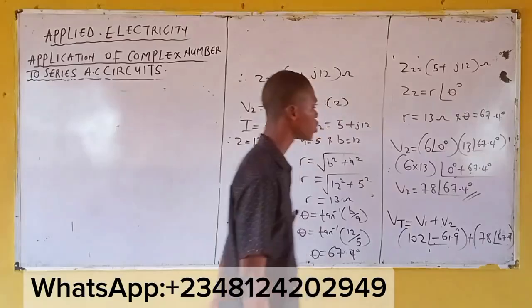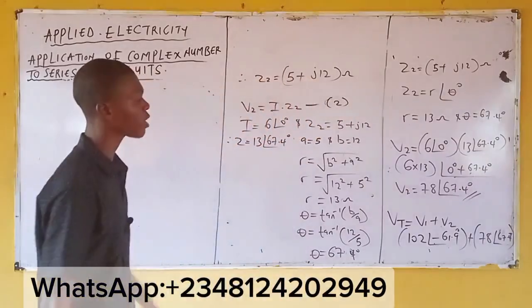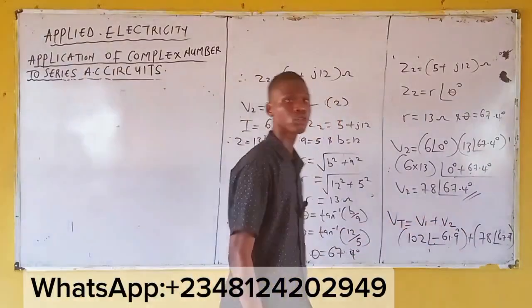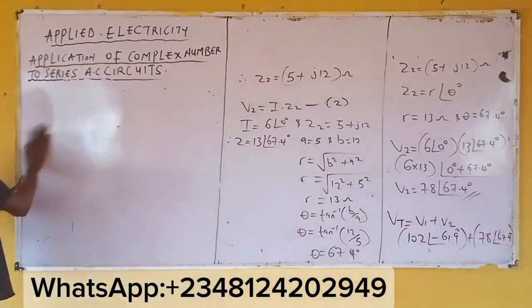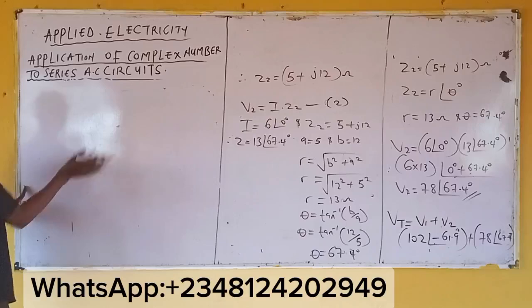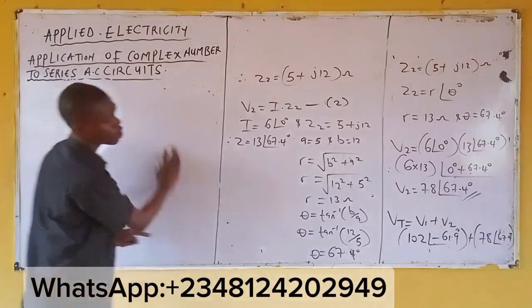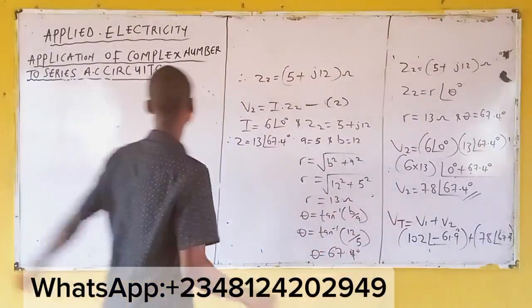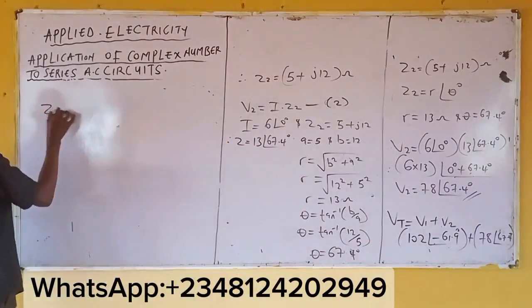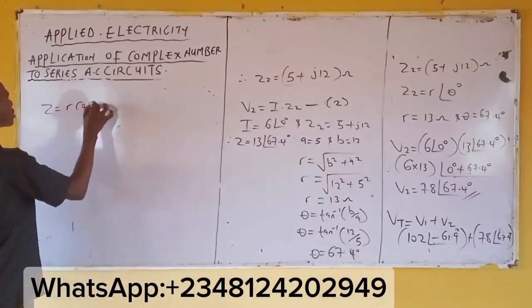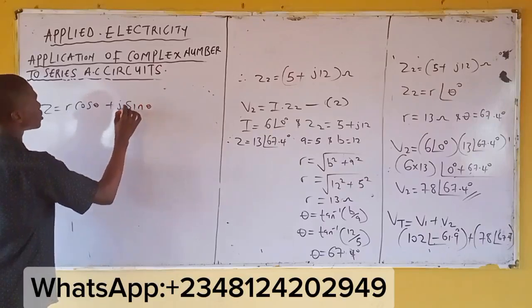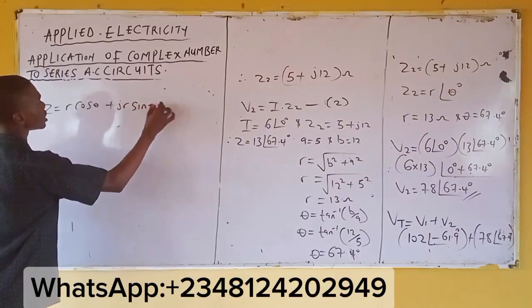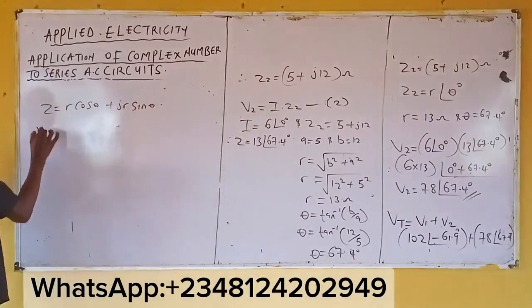So I'm converting V1 to rectangular form. I'm also converting V2 to rectangular form. Then by formula, converting polar to rectangular form, this is the formula: R cos theta plus jR sin theta. Now let's convert V1.